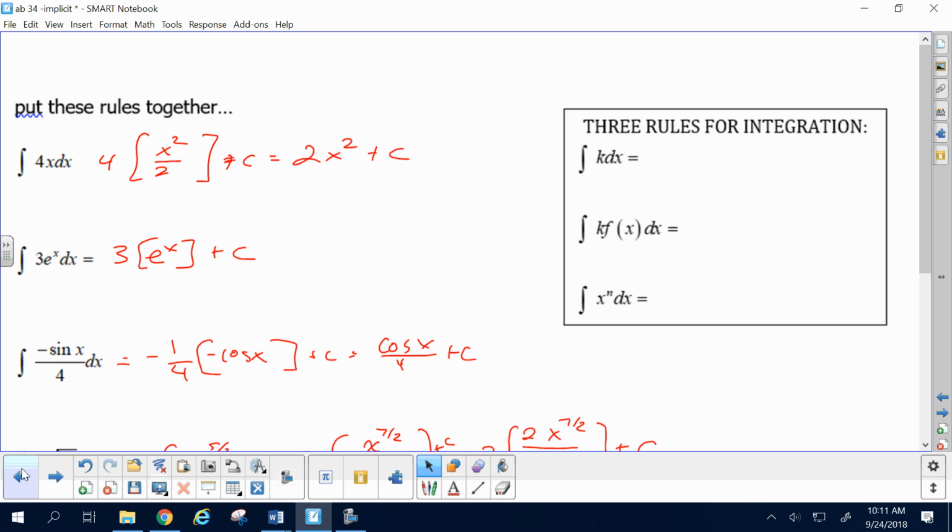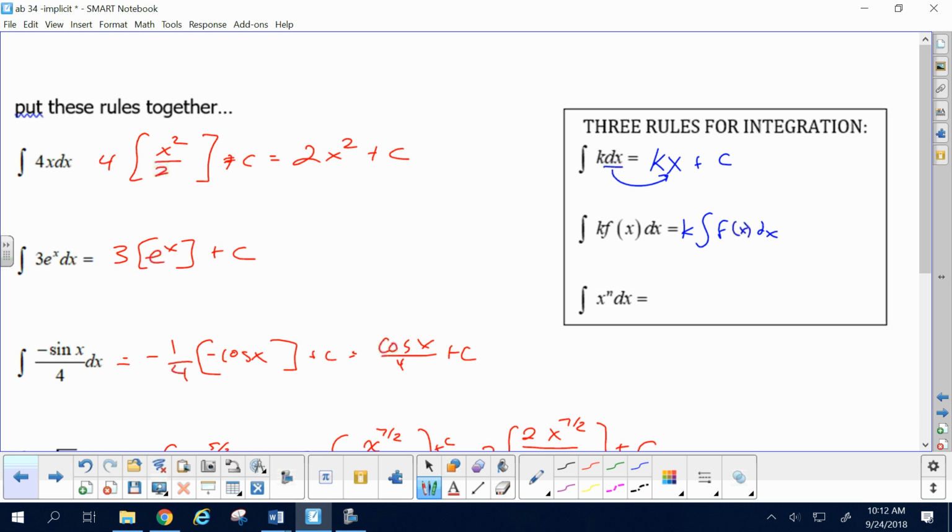Yeah, sorry. So what's the antiderivative of a constant with respect to x? It's the constant times x. Now remember, that could be k dt, k d theta, but that differential tells you what the variable is when you integrate. You with me? When you have a constant out front or a coefficient, you can bring it out front and then integrate as normal.